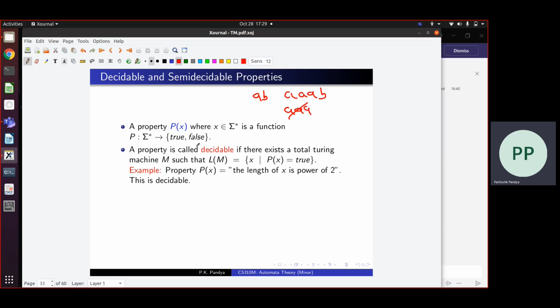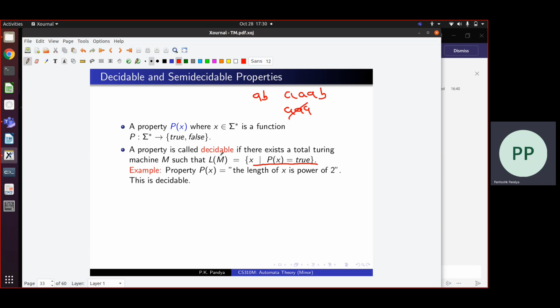Now we said that a property is decidable if there exists a total Turing machine M such that the language of M is the same as this set. This set is called the characteristic set of this property. That is, we collect all strings X for which the property is true and exclude all strings for which the property is false. For every string the property is either true or false, so we collect all strings for which the property is true, we get a language.